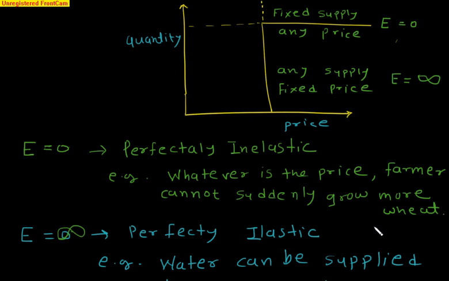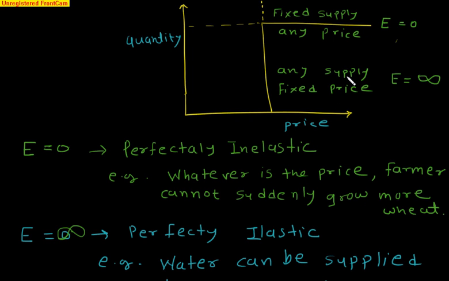Friends, in case of e equal to infinity, water can be supplied at any price. See here, in case of e equal to 0, you can fix whatever the price, but the farmer cannot grow the required quantity of wheat suddenly.